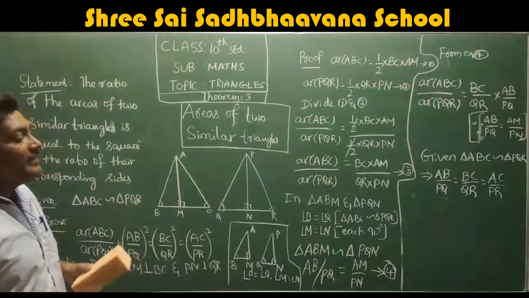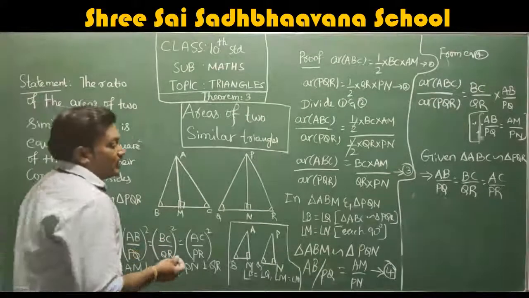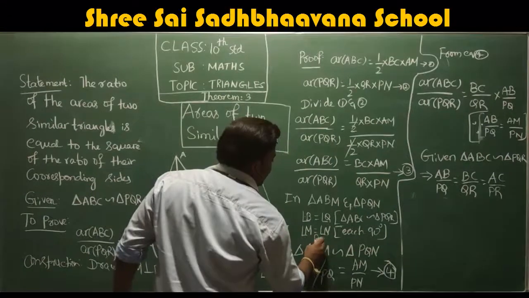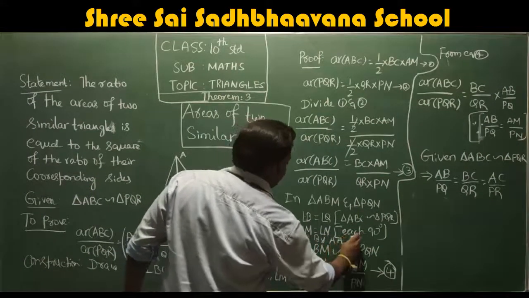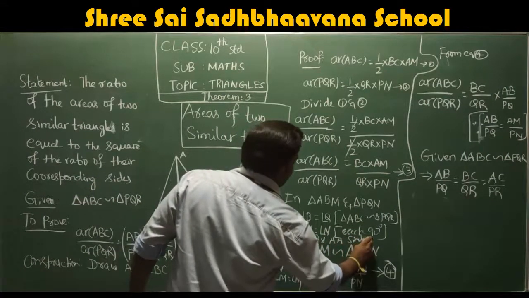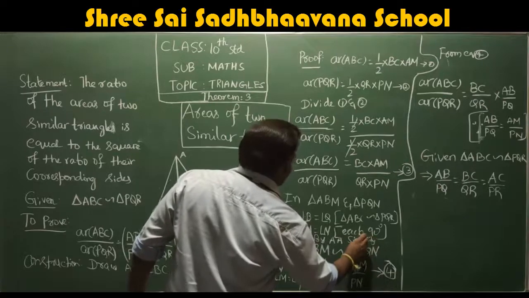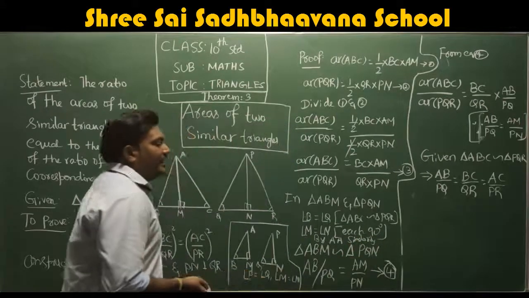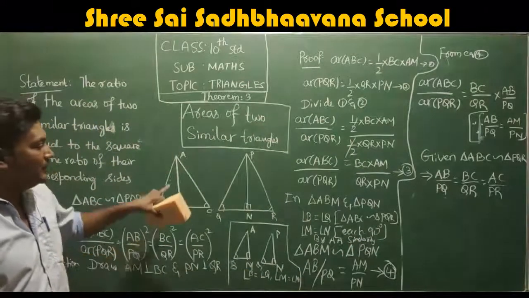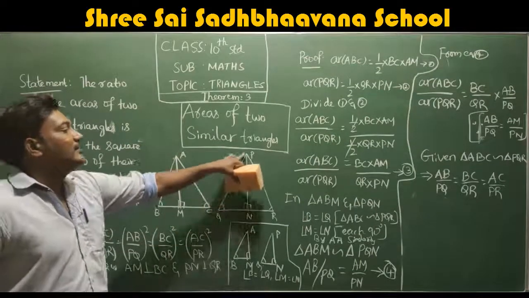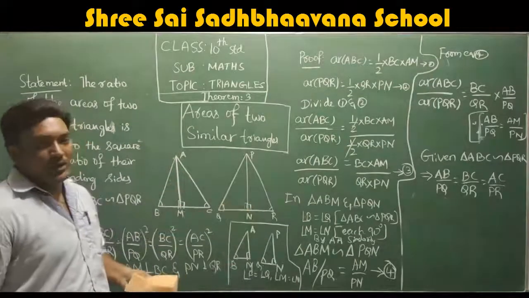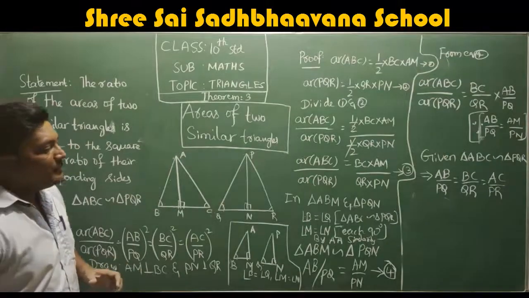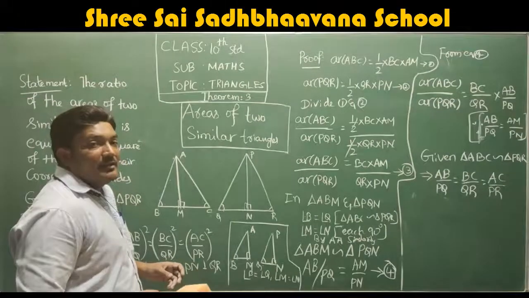So by AA similarity, we can write triangle ABM is similar to triangle PQN.